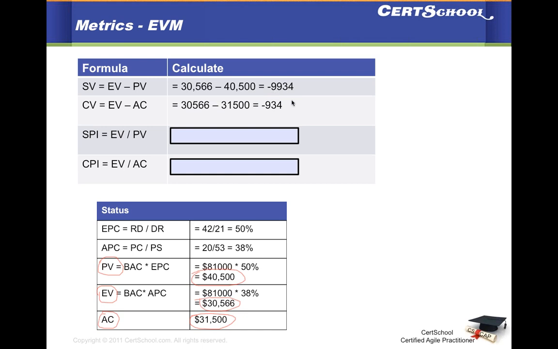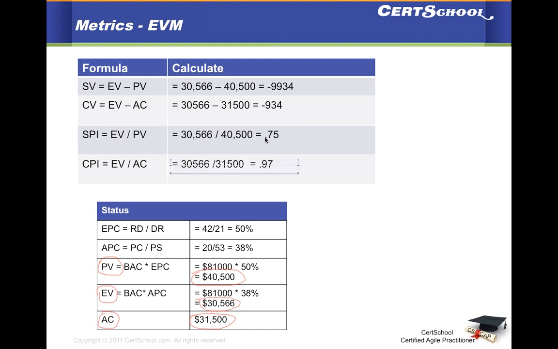Your cost variance comes out to be negative 934. So you're just putting values in the formulae and arriving at these numbers. Schedule performance index comes out to be 0.75, and cost performance index comes out to be 0.97.